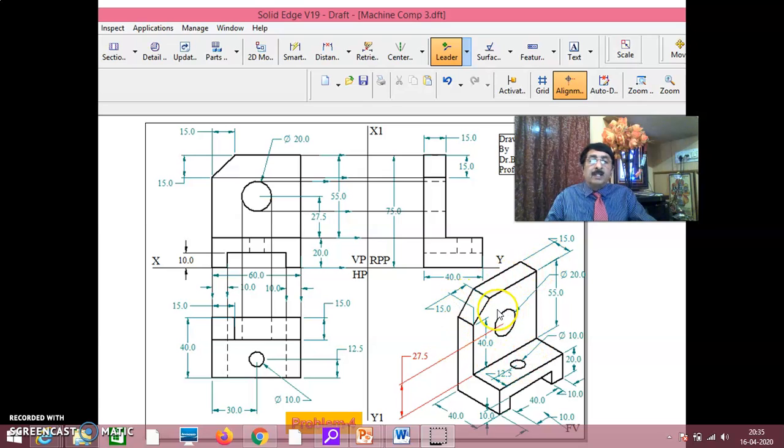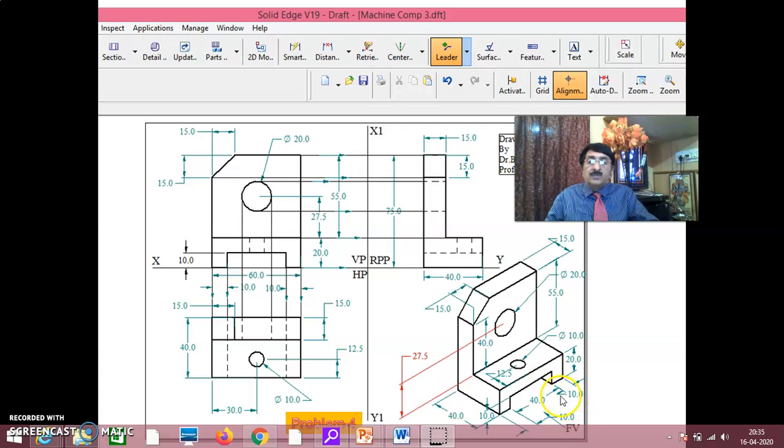And I have told you earlier also, in case any dimension is missing, you can assume it. At least in this problem, I don't think there are any dimensions missing. Somewhere the dimensions will be there, and you have to take care of that properly.